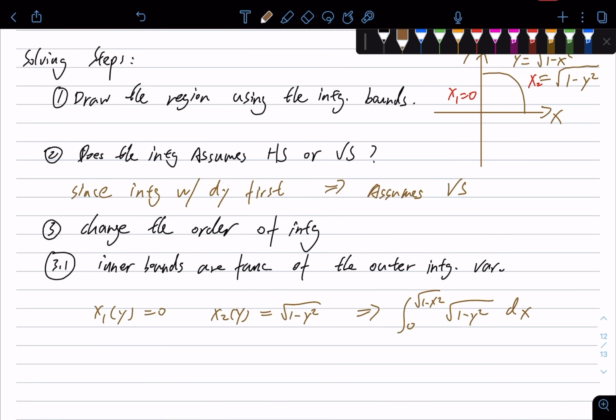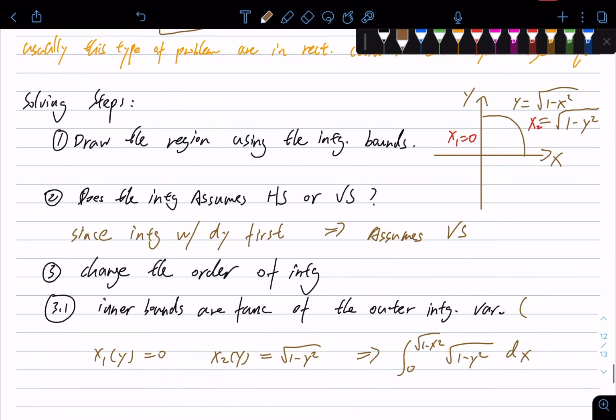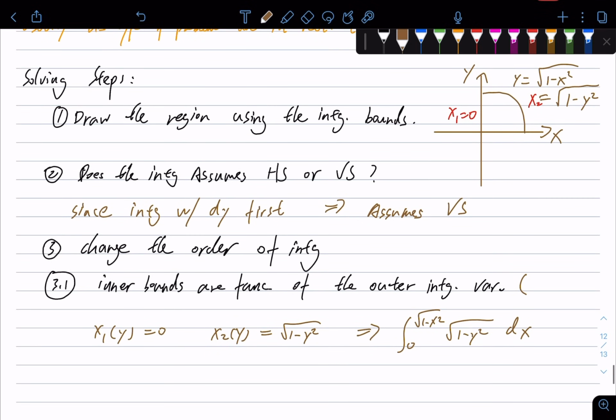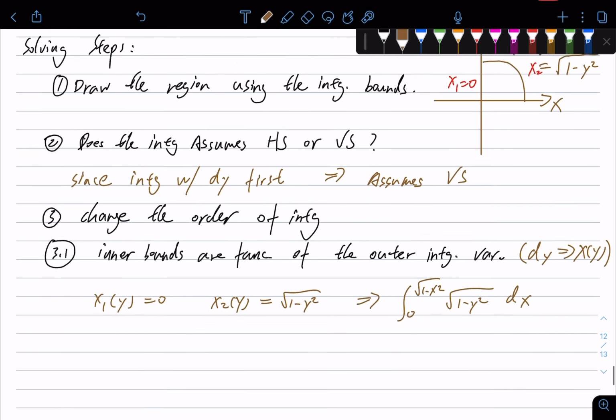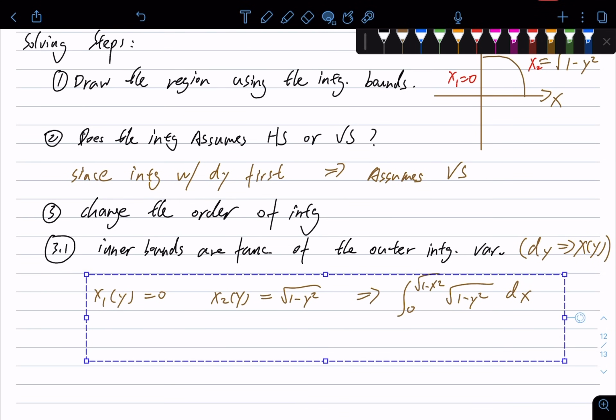In this case, the outer integration is dy, so x is a function of y. I hope this makes sense. And then this is our result.